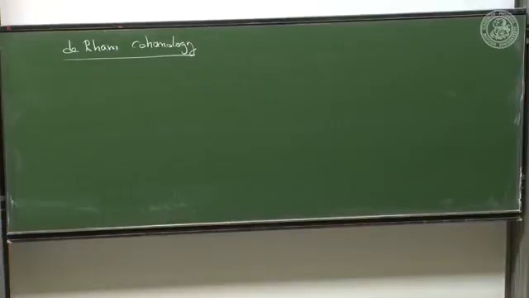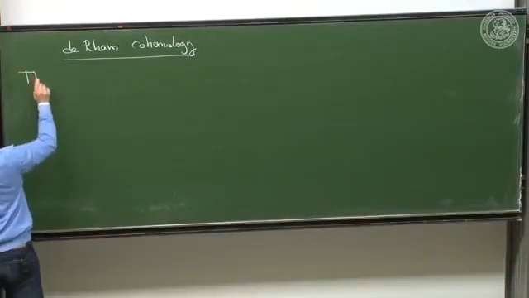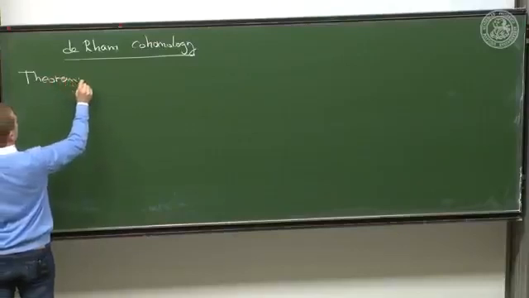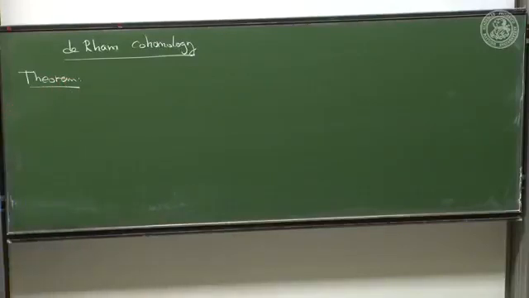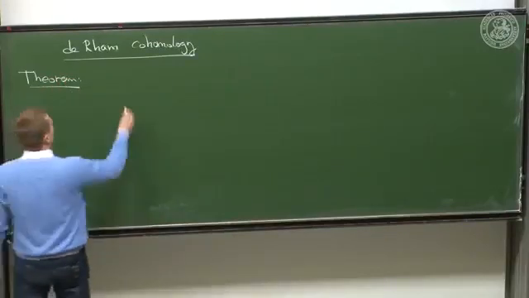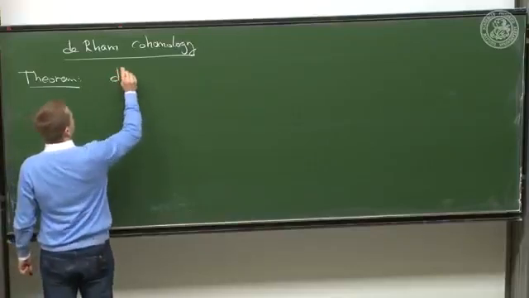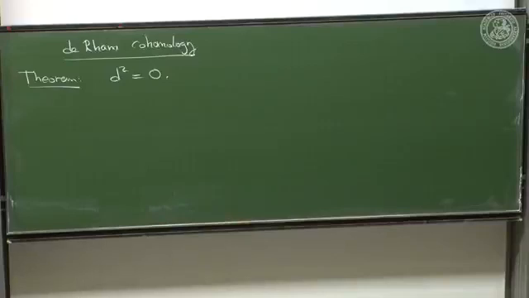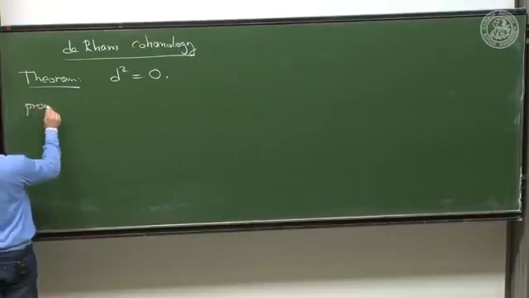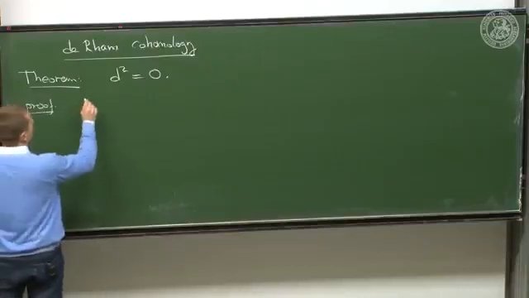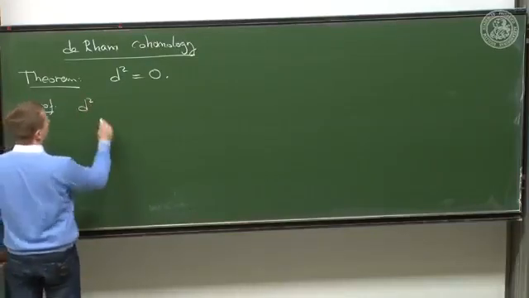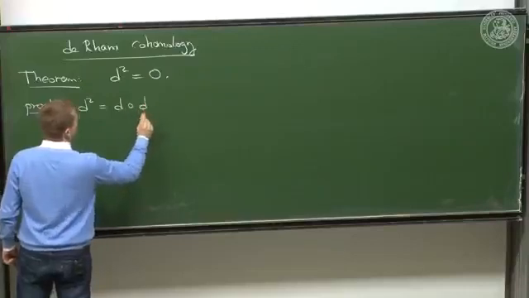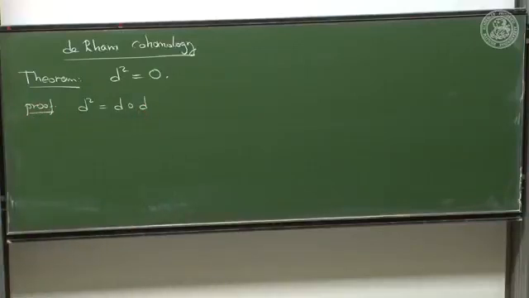Okay, so de Rham cohomology. The basic theorem on which this whole business of cohomology is built is the following. d squared equals 0, full stop. Well, proof. Obviously by d squared, we mean that you apply d and then you apply d again.